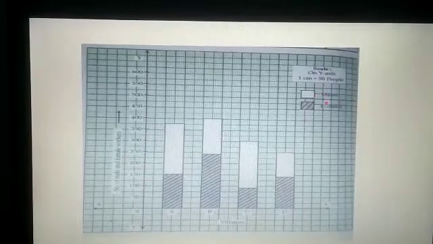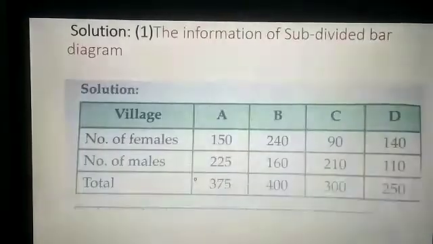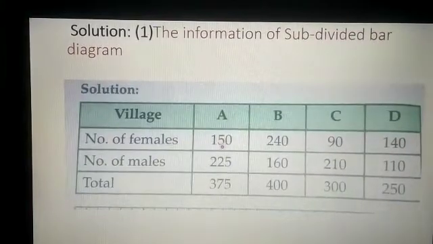Now in the index column you have written the plain box for males and the shaded part for female workers. Now from the table one by one, the earlier table shows number of females. We will shade first, and first of all we will draw a margin of total, that is 375, and there we will show number of females.